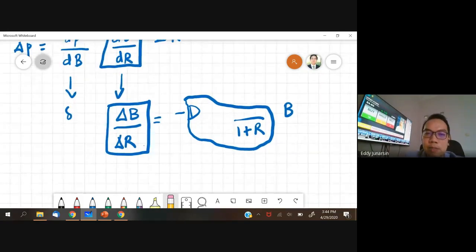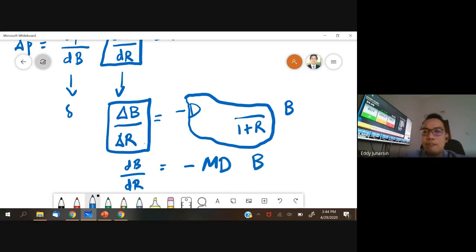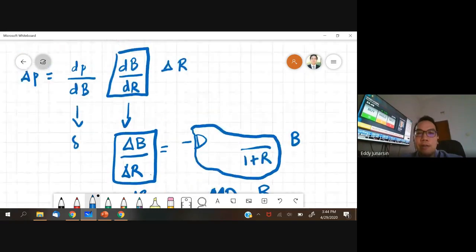So maybe I can write it here. dB/dr should equal minus modified duration multiplied by the size of the bond, or the value of the bond right now.